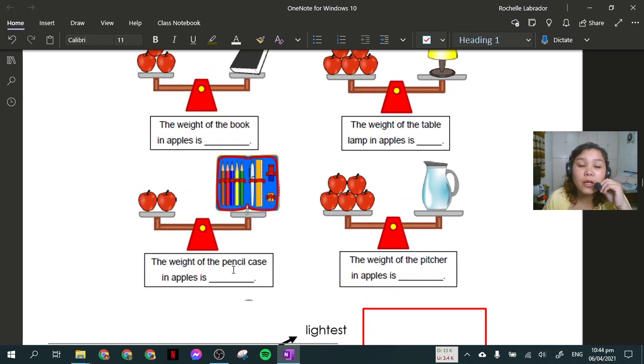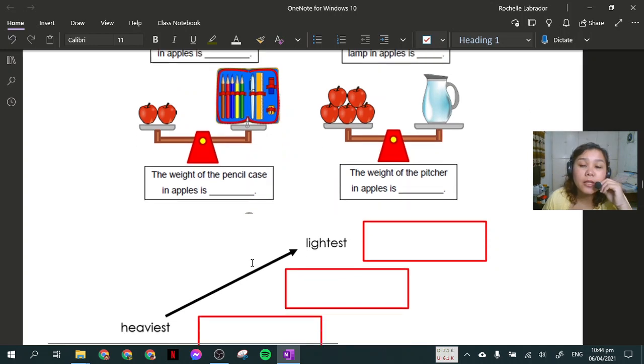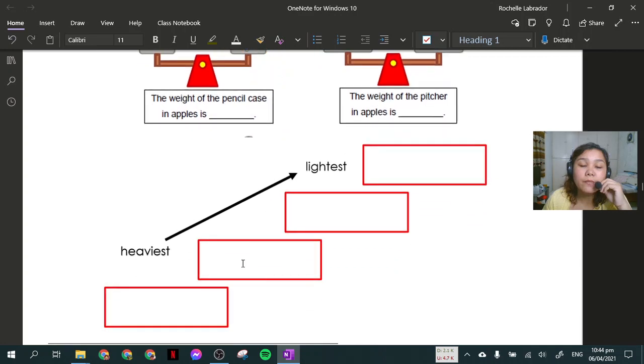Next, the weight of the pencil case in apples is blank. And then the weight of the pitcher in apples is blank. So you count the number of apples so that you can fill in the blanks. So you need to list down the objects arranged from heaviest to lightest.